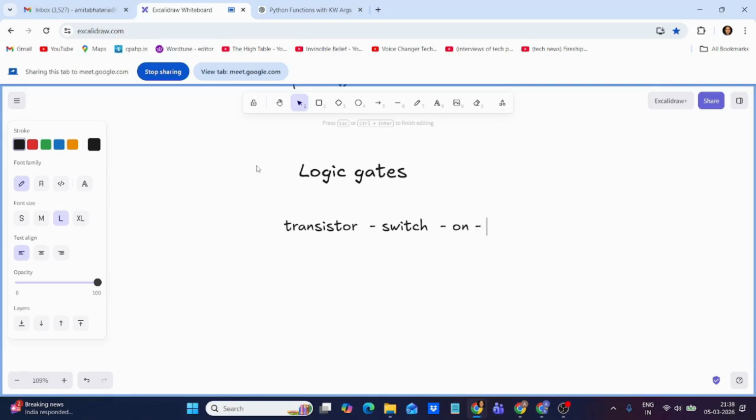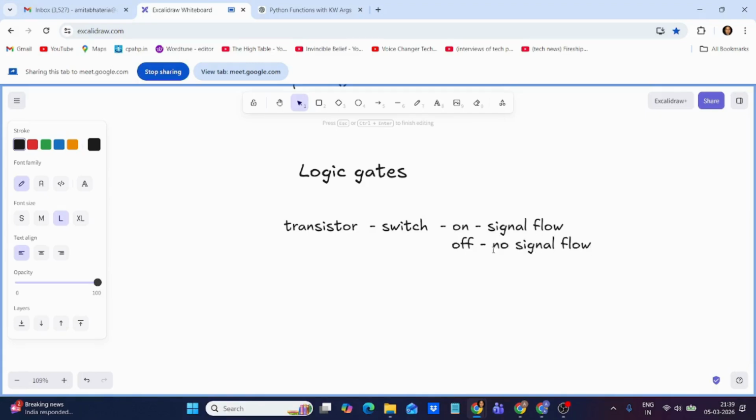On means there is a signal flow, right? And what does off mean? I told you on means signal flow, so what will be off then? No flow, right? So there will be no signal flow.